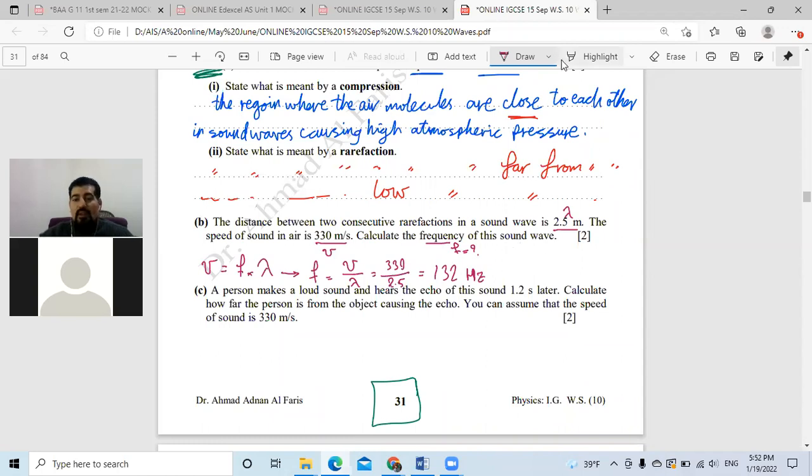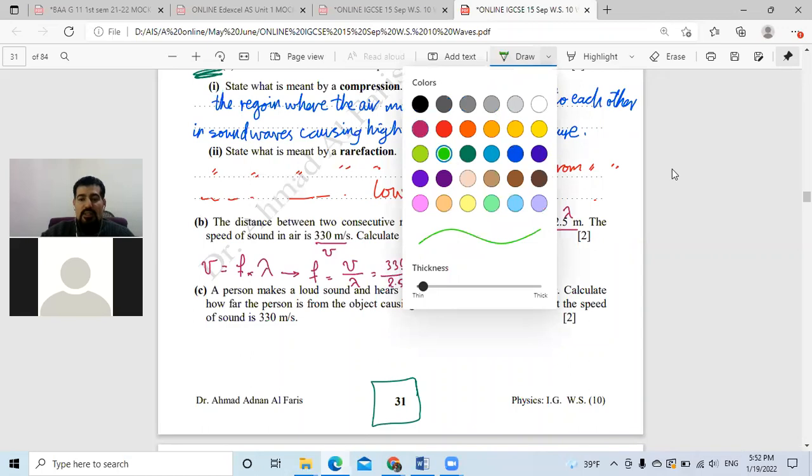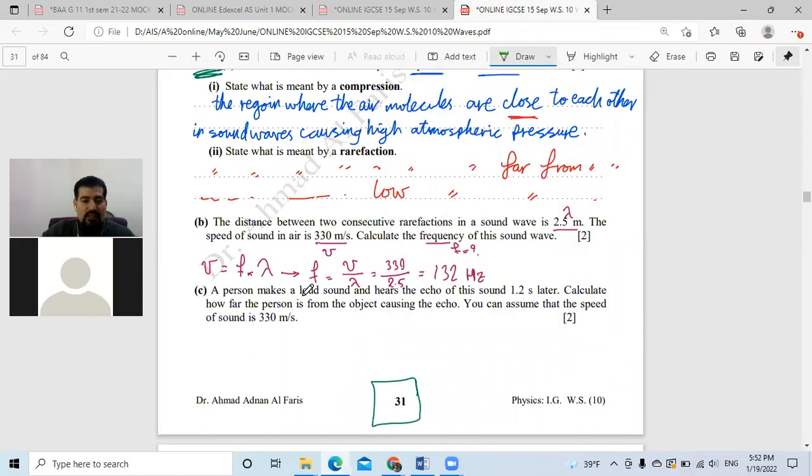Next, a person makes a loud sound and hears an echo of this sound 1.2 seconds later. This is the time to go and return back. It's a reflection. Calculate how far the person is from an object causing an echo.